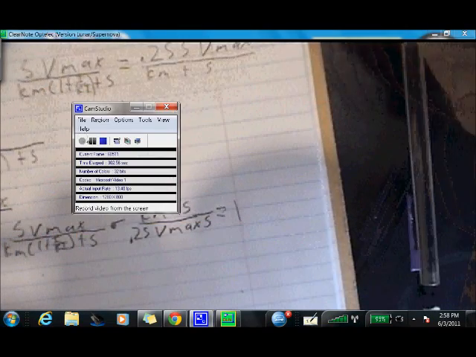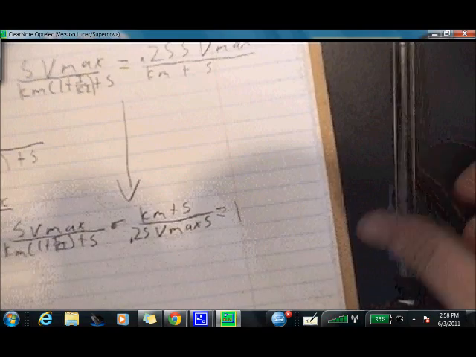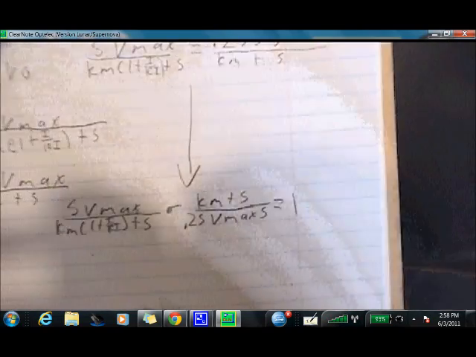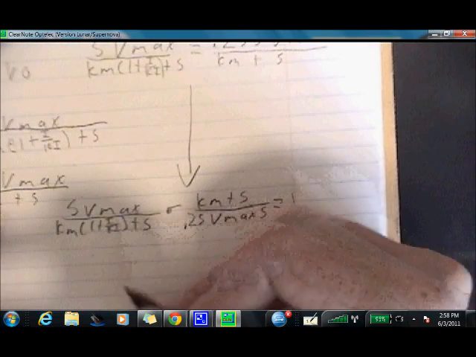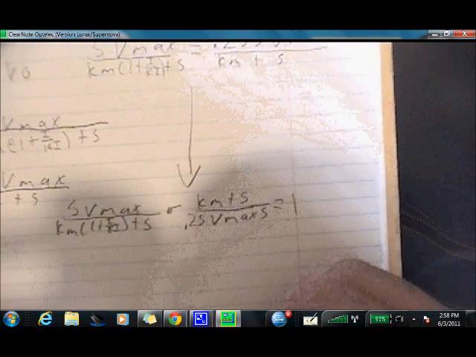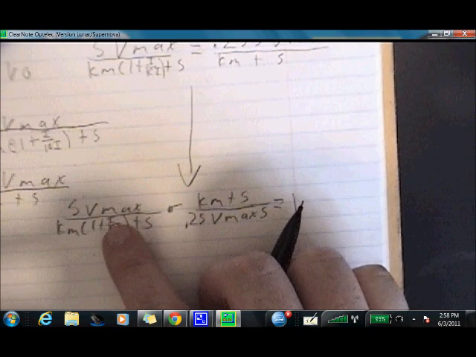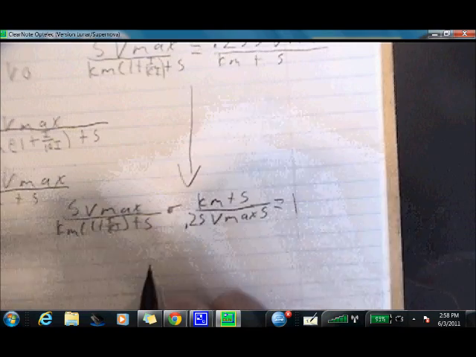Just give me 1 second. Sorry, I just needed to double check something. So what we're really solving for is this I right here. The question asks, at what level of inhibition will this make it equal to this?